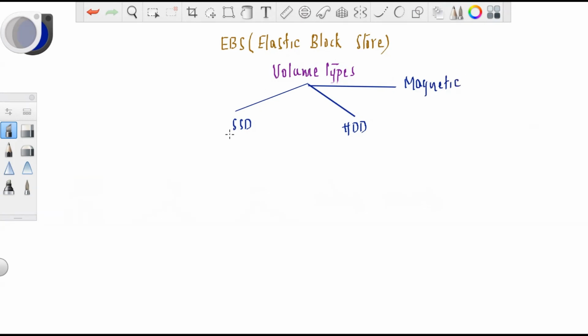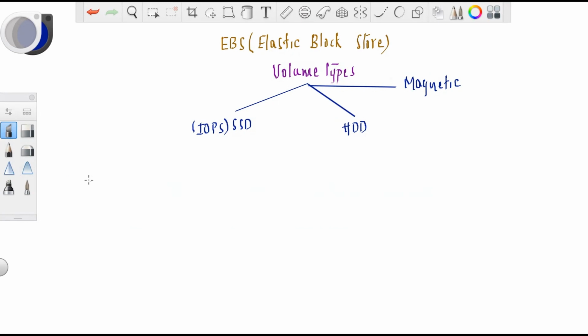Now, the SSD-backed volumes are specifically utilized for transactional workloads with frequent read-write operations, where the predominant performance attribute is IOPS. So IOPS stands for input output per second.